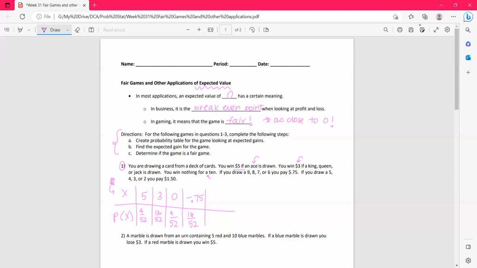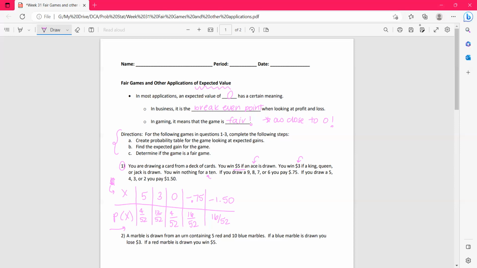And then if you draw a 5, 4, 3, or 2, we're paying $1.50, 4 cards, 4 suits, 16 out of 52. So remember last week we learned these probabilities all need to add up to 1, and so that is true. We've got 4 plus 12 is 16, plus another 4 is 20, plus 16 gives us 52. So we know our probability distribution table is correct.